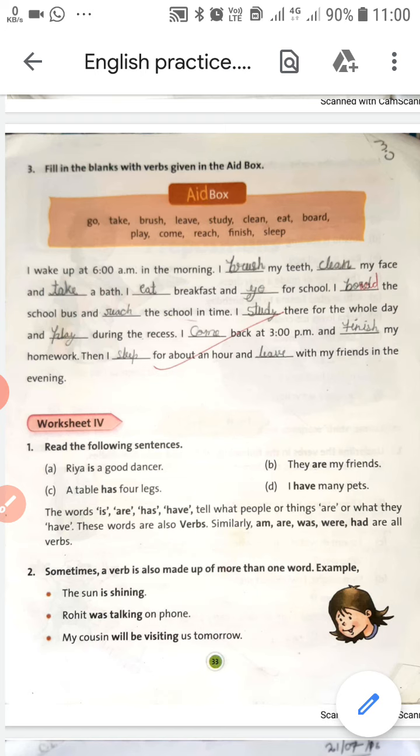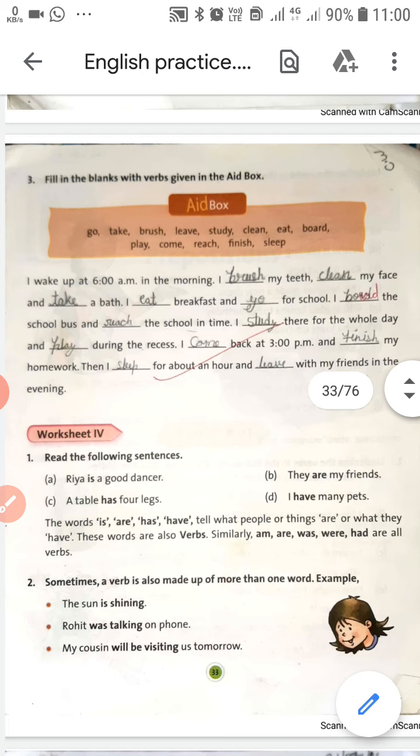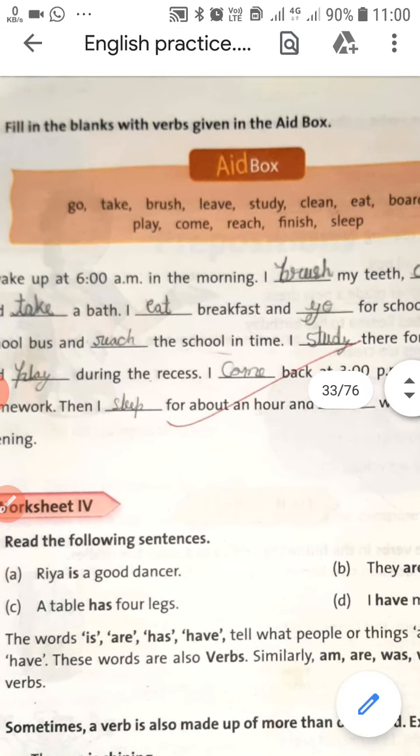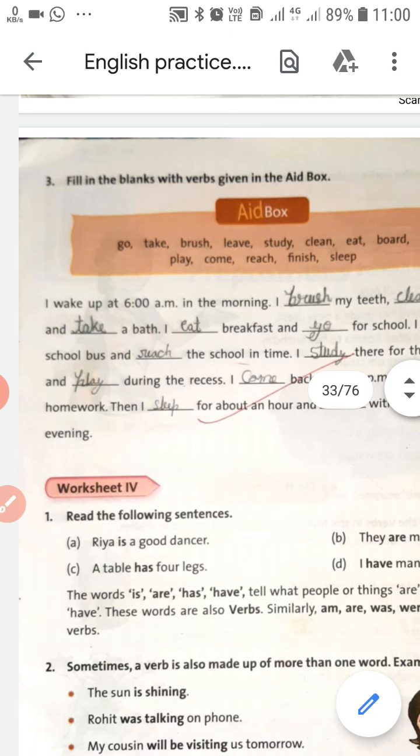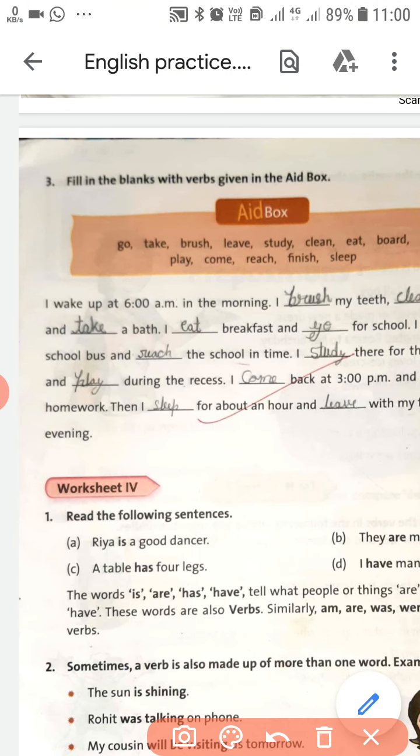But if the person is third person, that is he, she, it, then we have to add s or es when we fill the blanks with the verb in simple present tense. Now you can see in this worksheet the words mentioned in the box are all action words, and the subject in all these lines is I. I told you that I is the first person.